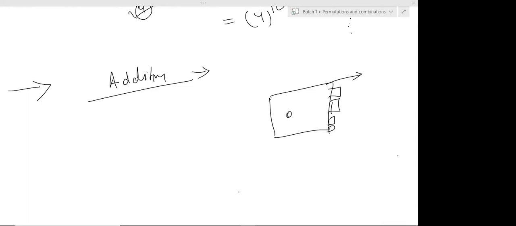Any, and the answer is four, right? So how do you know the answer is four?